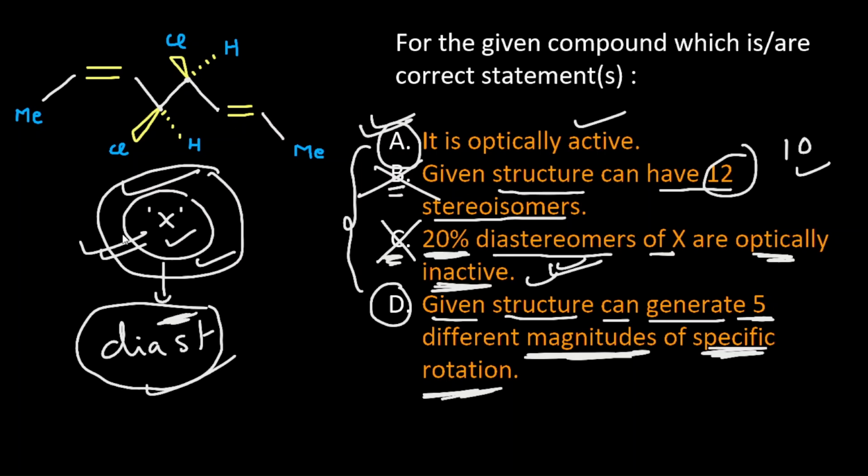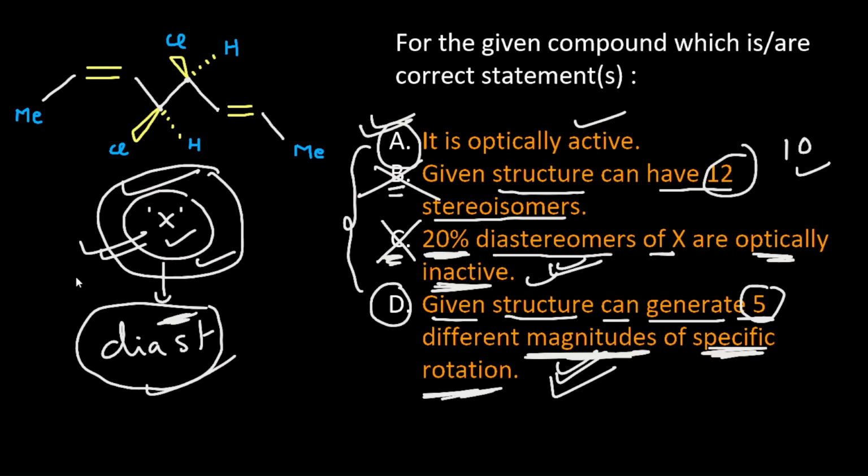We have already found that it has 10 stereoisomers. It is saying that out of those 10 stereoisomers, you can have five different magnitudes. Mind you, it is asking about magnitude. The sign plus and minus are irrelevant.